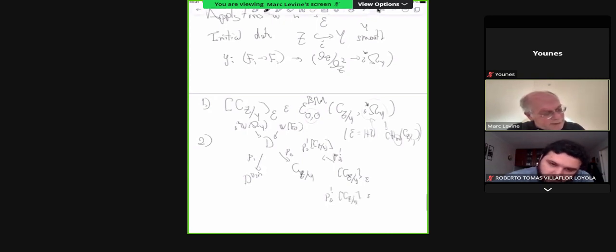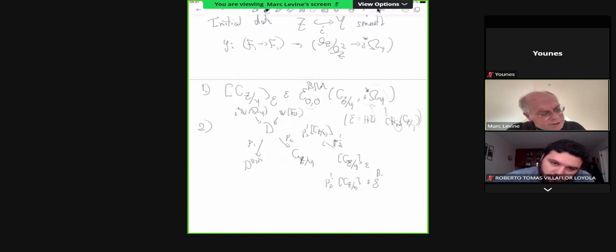This will live in the same Borel-Moore homology. So you just follow your nose here, and the twist gets changed. So what does it get twisted by? You add this sheaf. So that's how the yoga works.